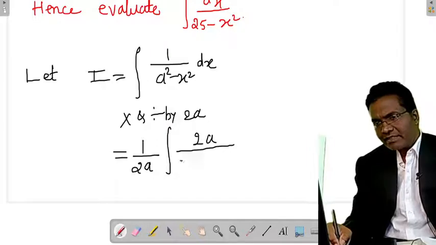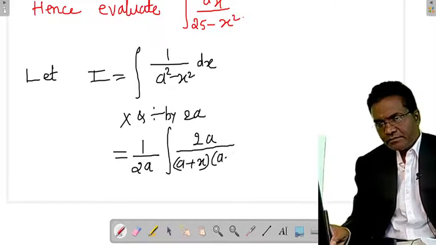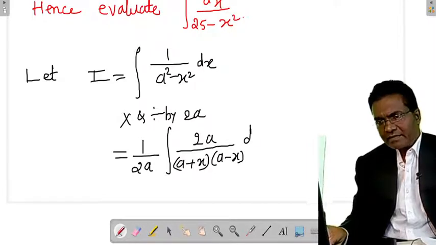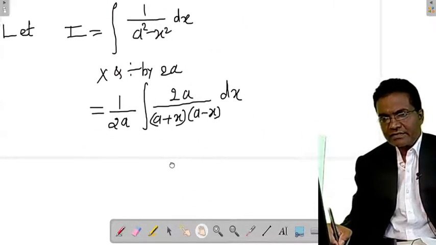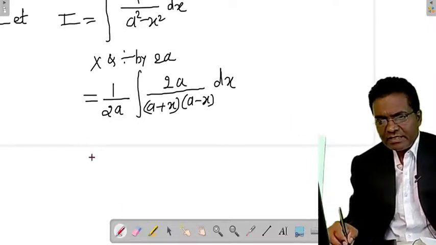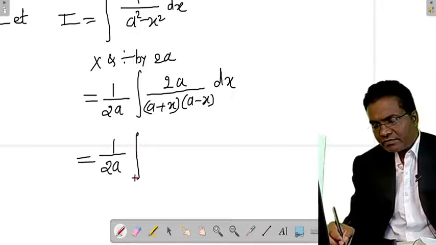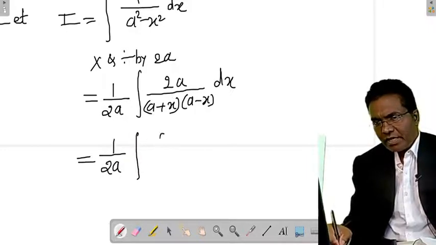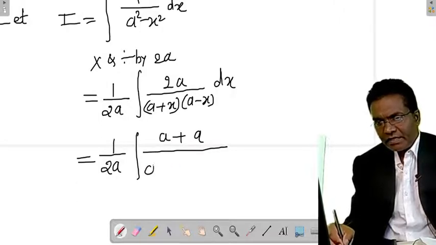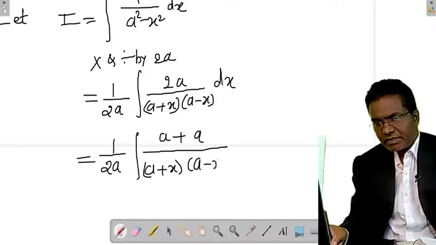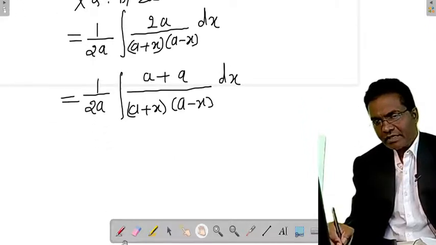A square minus x square means you have to write a plus x, a minus x into dx. Like how you did in the first one, 2a I have to write as a plus a divided by a plus x into a minus x dx.